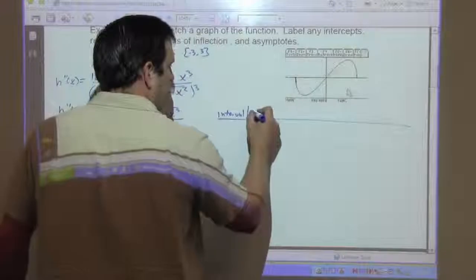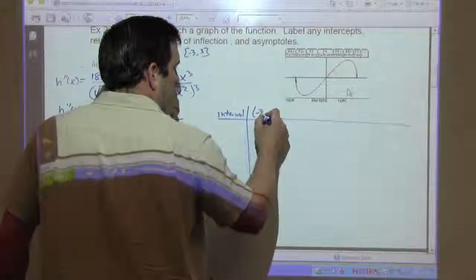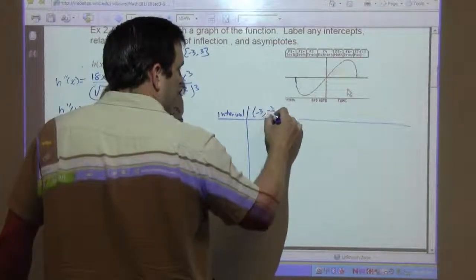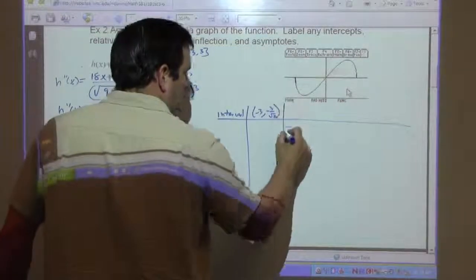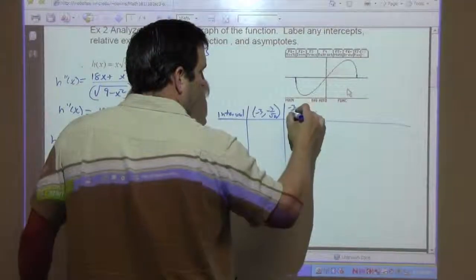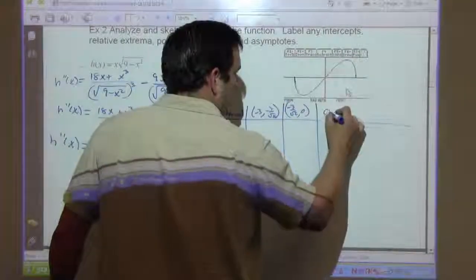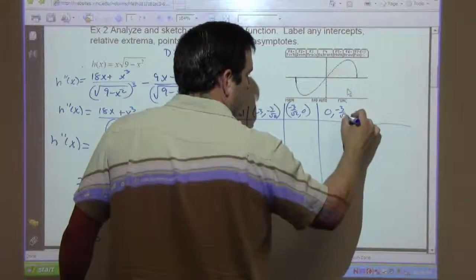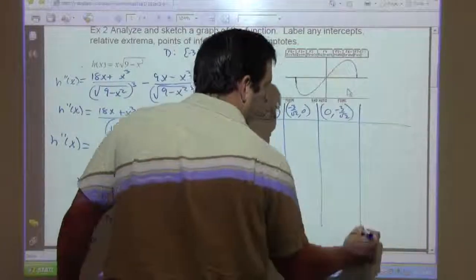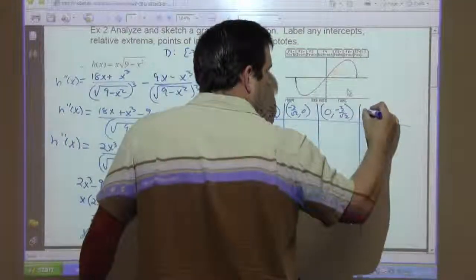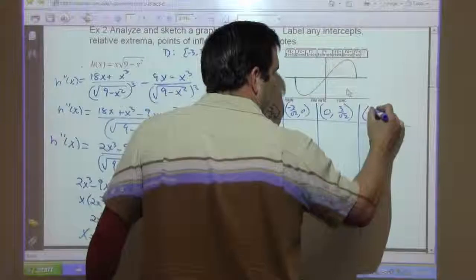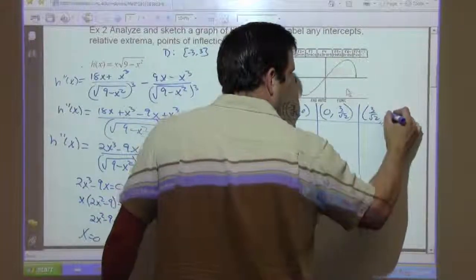We have from negative 3 to negative 3 over the square root of 2. We have from negative 3 over the square root of 2 to 0. We have from 0 to 3 over the square root of 2. And we have from 3 over the square root of 2 to 3.